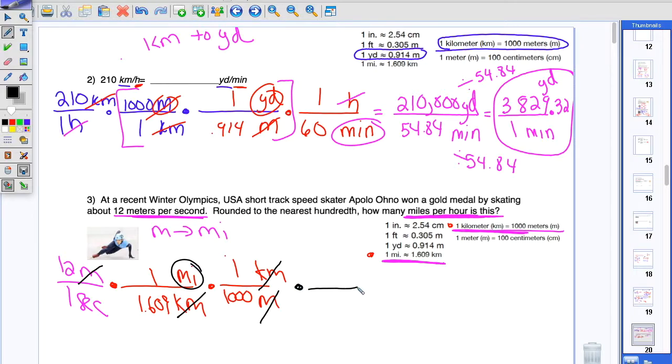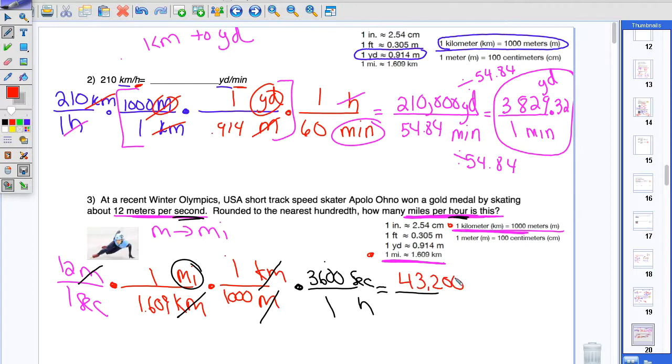Now we're looking at our time, seconds to hours. So seconds is in the denominator. We're going to put that in the numerator, hours in the denominator. So 1 hour is 3,600 seconds. Multiply going across. So 12 times 1 times 3,600 to give you 43,200.